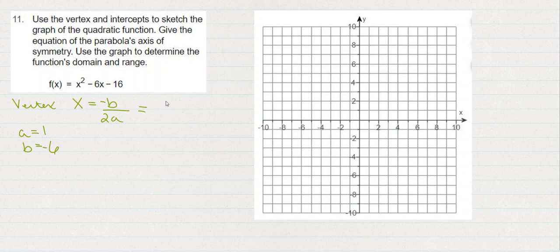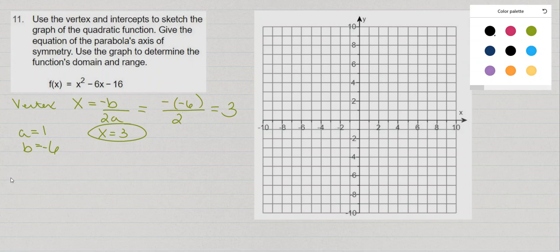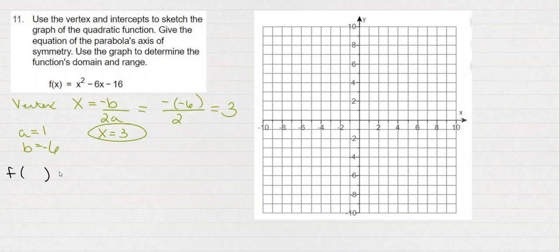So we have the opposite of -6 over 2 times 1. So +6 divided by 2 gives us 3. So we know that for the vertex, the x-coordinate is 3.